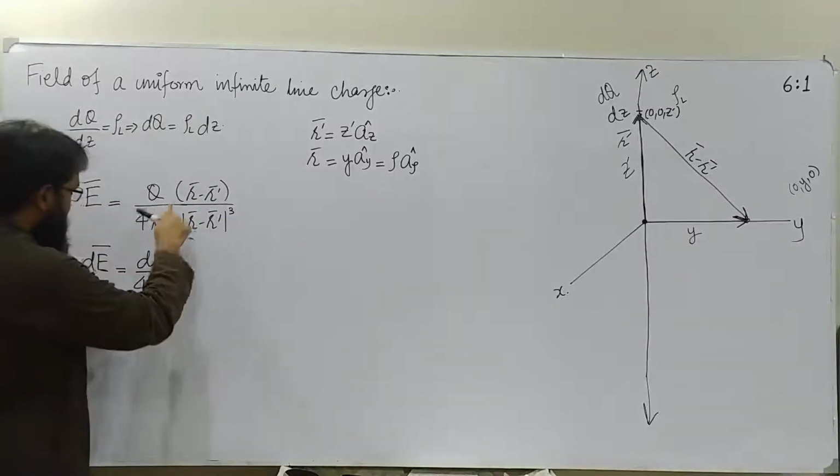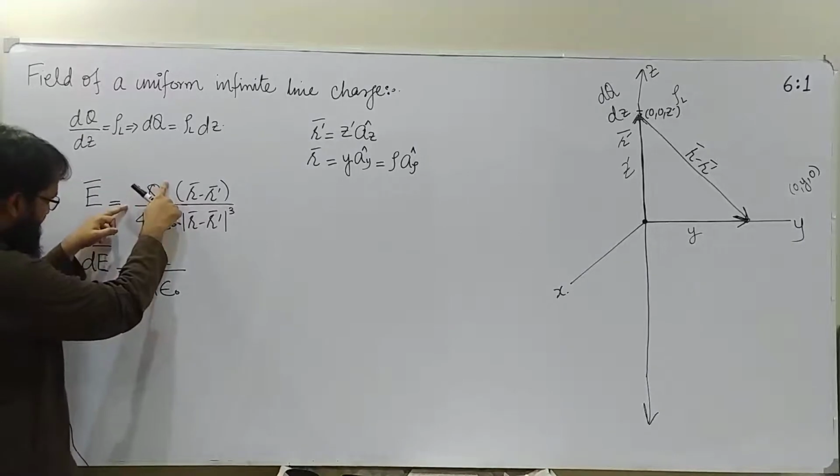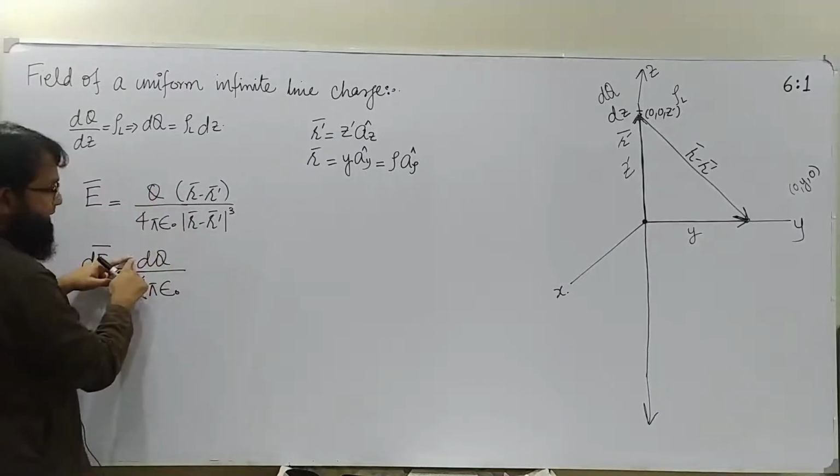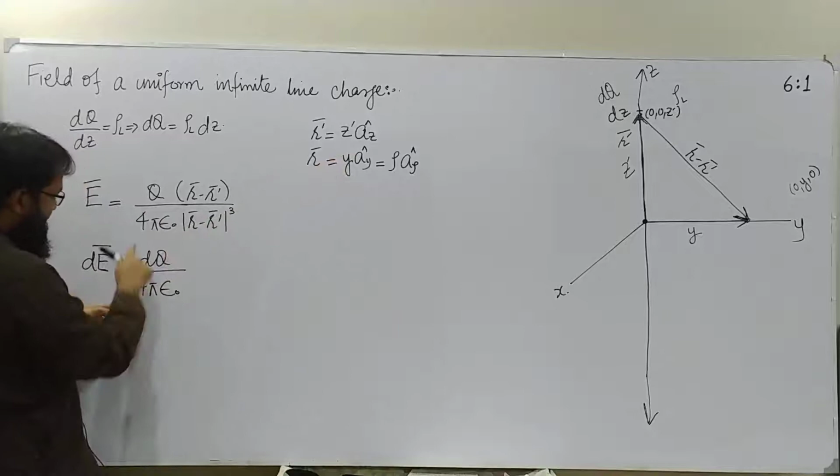So now in the numerator, in place of charge we have put the charge dq over 4 pi epsilon naught.